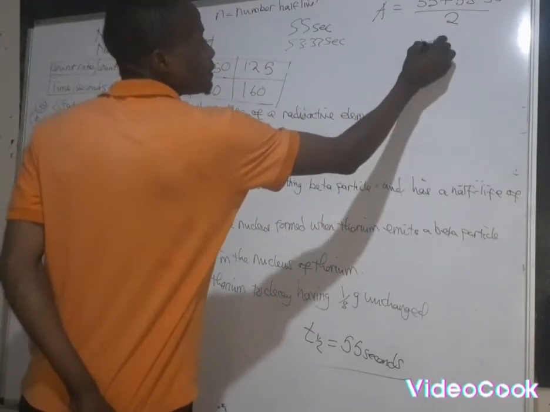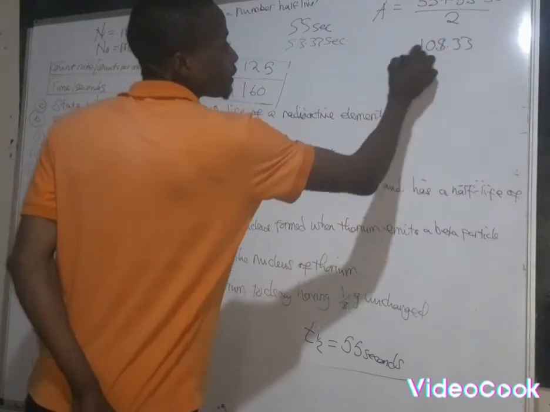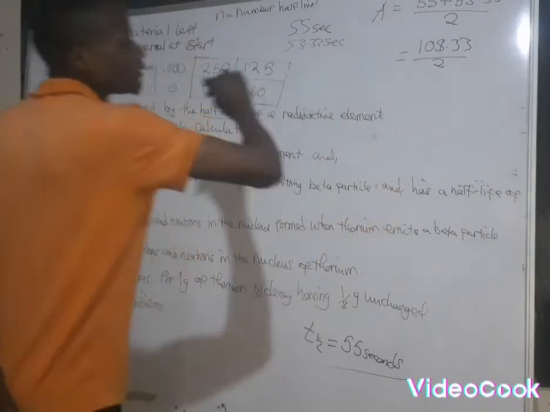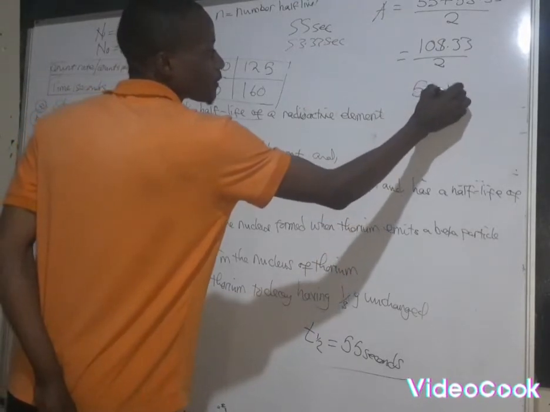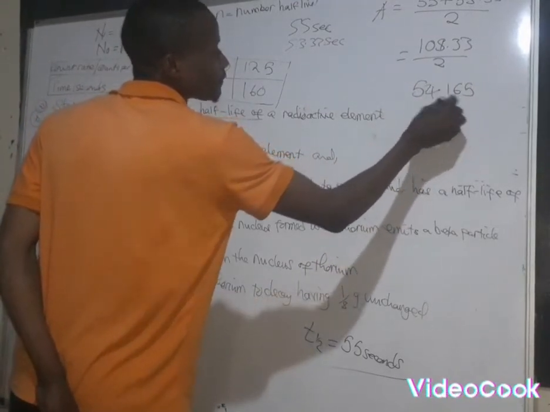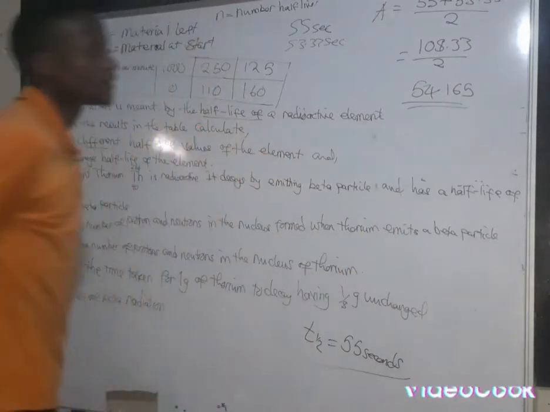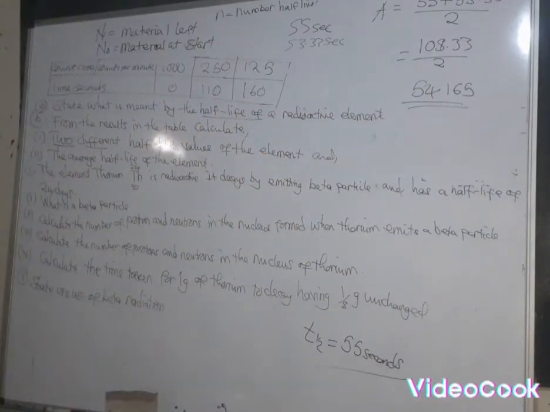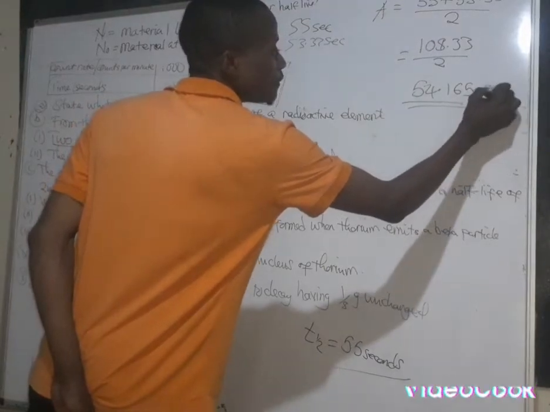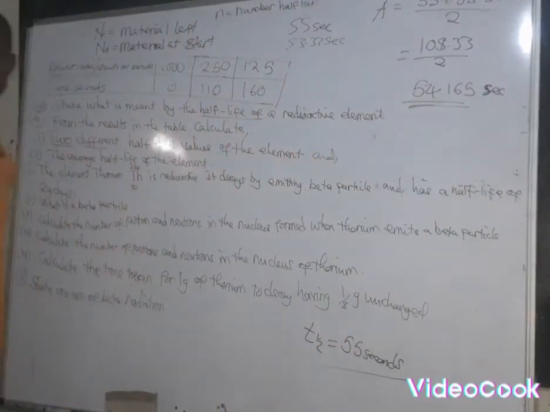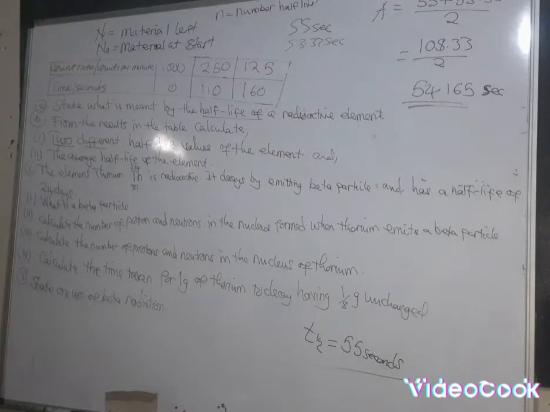108.33. Divide by 2, 54.165. So the average half-life is 54.165 seconds.